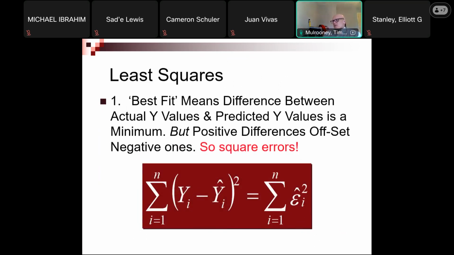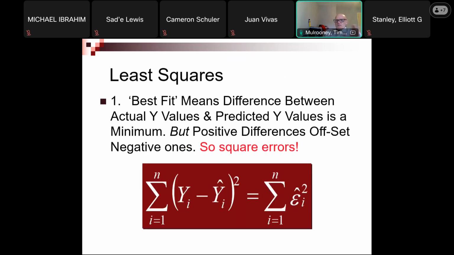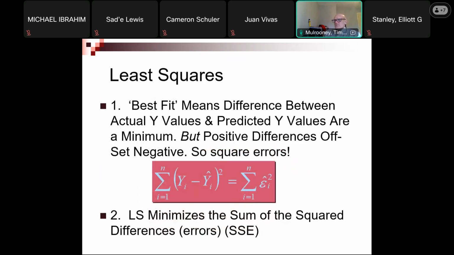We have this big equation, we sum the squares of the differences, because we know the values, and what we need to calculate is the m and the b from these known values. What we need to do is offset all of the positive and the negative. So it's got to be somewhere in between. Line of best fit means the difference between actual y values and predicted y values is at a minimum.